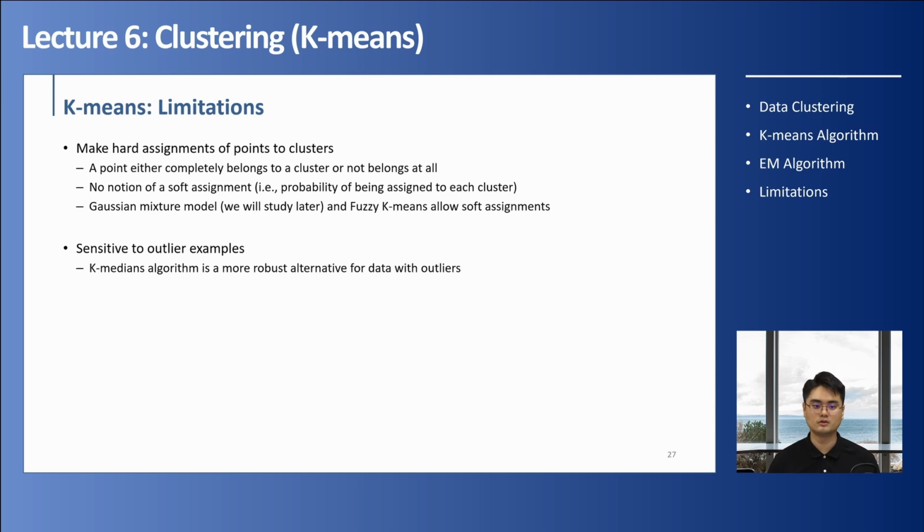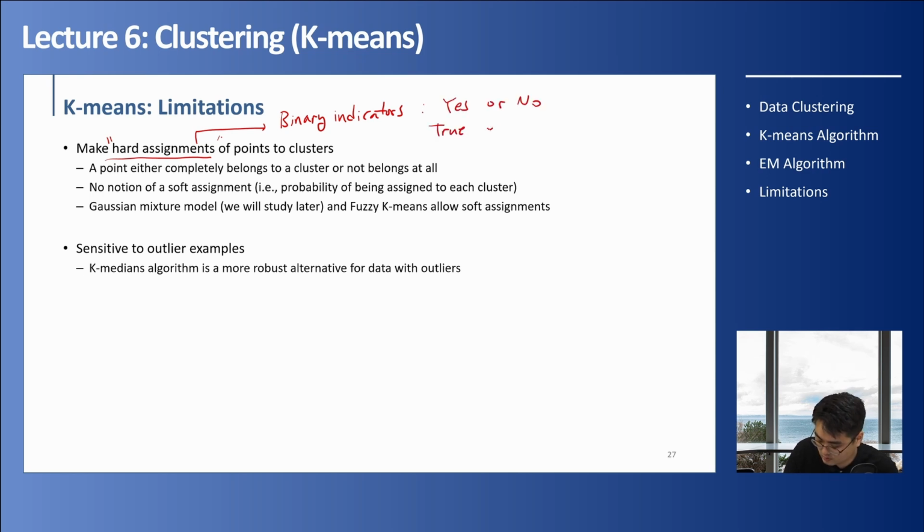Let's also learn about the limitations of k-means clustering. The limitations of k-means clustering mostly come from the fact that it makes hard assignment of points to clusters, where hard assignment means that we are using binary indicators. It's yes or no, true or false, 1 or 0. So a point either completely belongs to a cluster or does not belong at all.